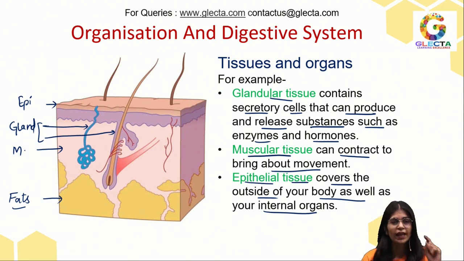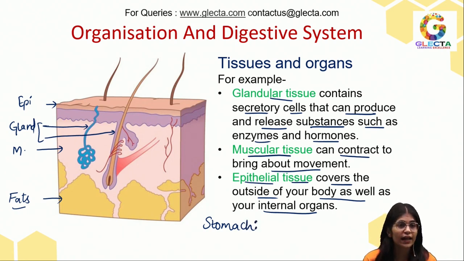For example, if this organization is in the skin, we have hair cells, we have sweat glands, then we have muscles, and we also have an epithelial layer. So this will be for protective reasons. At the same time, if this organization is present in the stomach, stomach has acid, so it's supposed to have a gland.